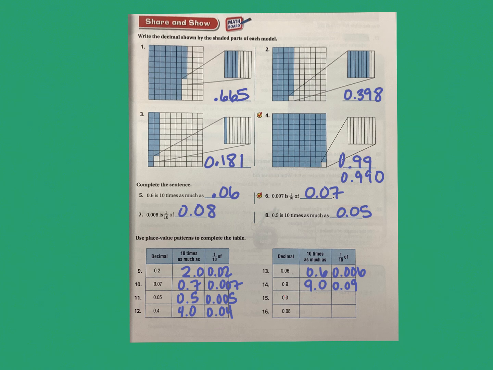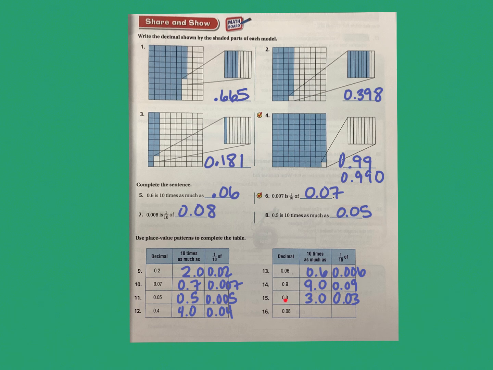3/10ths, 10 times 3/10ths, just move that decimal over 1 to make that go bigger. 3.0, we can just call it 3. And if I want to make that 1/10 of that, this is going to be all cut up by 10. I'm basically moving my decimal this way now. 0.03, 3/100ths is 1/10 of 3/10.